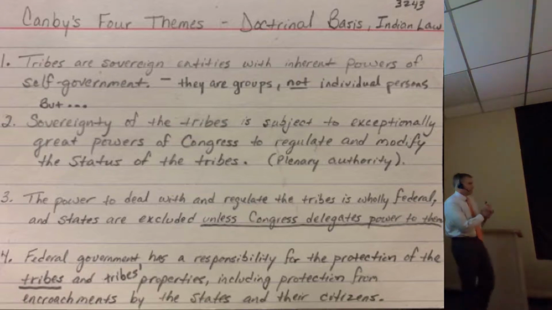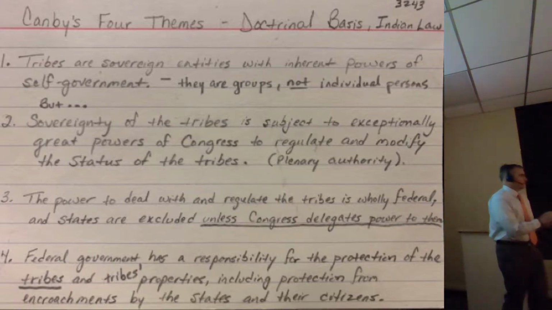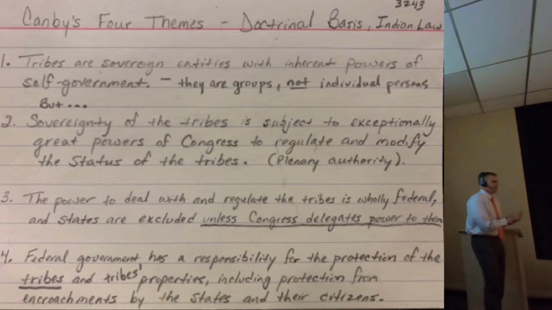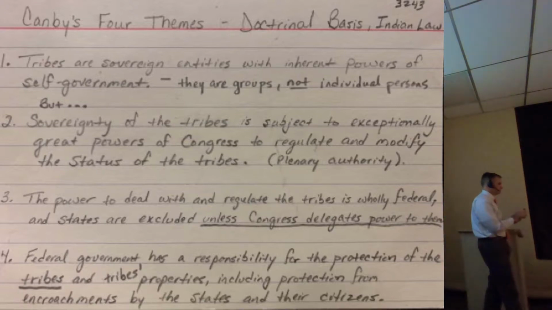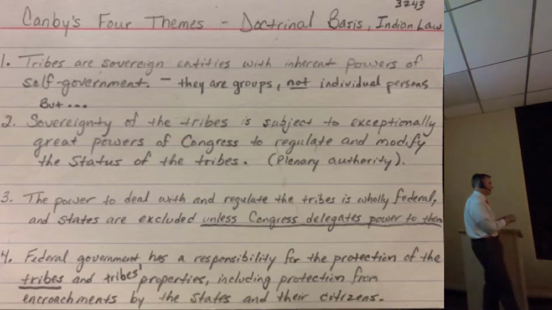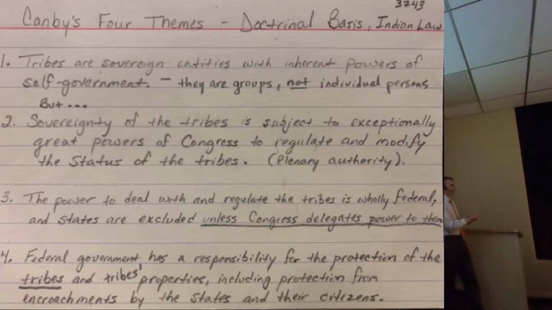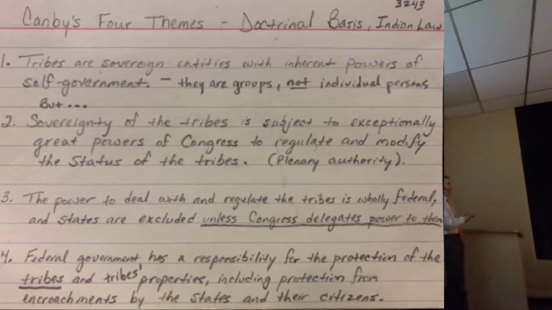Why is that? All you have to do is look at the opening of the Constitution. What's the first line of the Constitution? All men are created equal, or that's the other? I believe that's the Declaration of Independence. We, the people of the United States, okay?